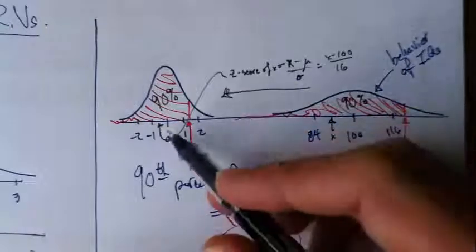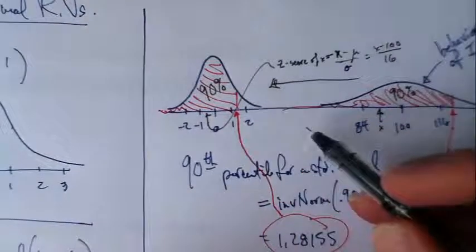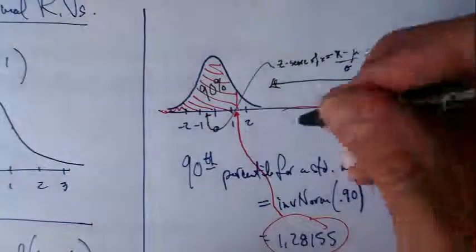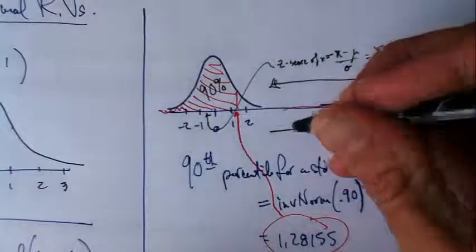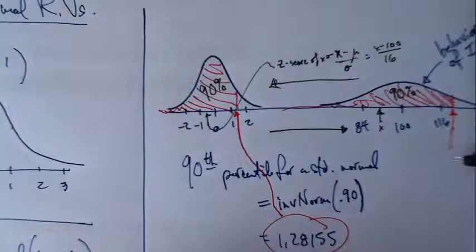Now, if I have a point down here and I want to go in reverse, what do you do? The new point up here, we'll call this the 90th percentile for IQs.